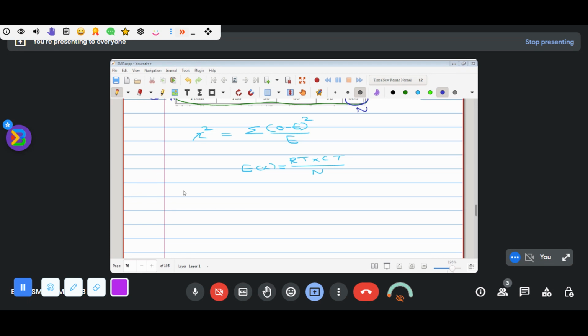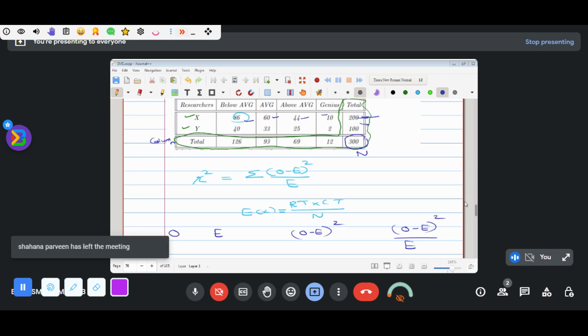Now consider the observed value and expected value, and you know the formula: observed value minus expected value whole square, divided by E. Now consider the table. The first value is 86. What is the corresponding expected value? Apply this formula.